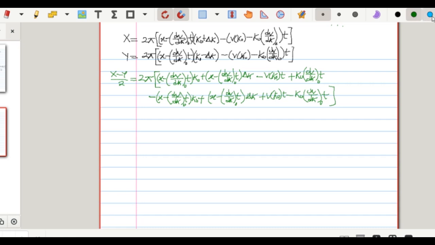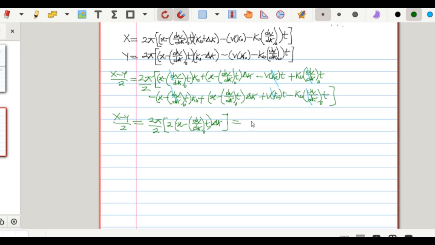So if we make a comparison, this will subtract this, will subtract this, will subtract this. So what you have remaining is that x minus y over 2 will be equal to, remember this is also dividing 2, so it means you have this 2 into, this is the only thing remaining, 2 of x minus dv over dk naught t, changing t, of changing k.